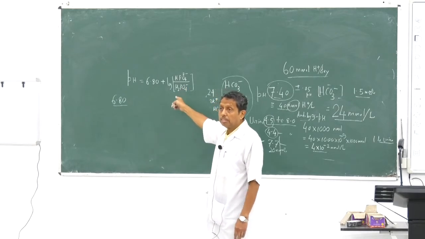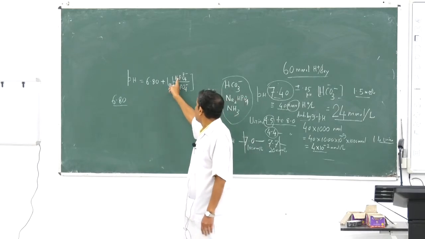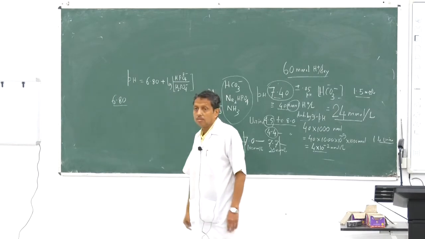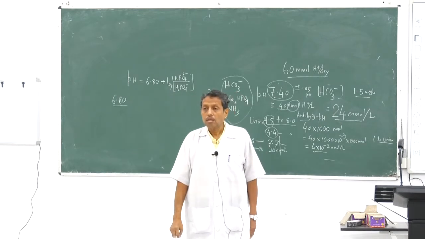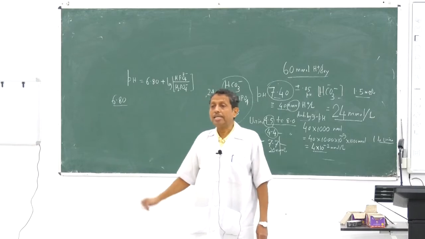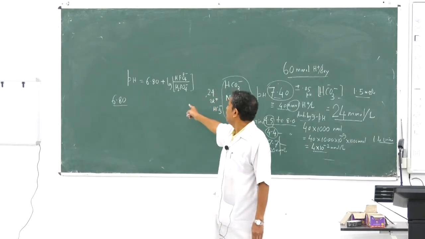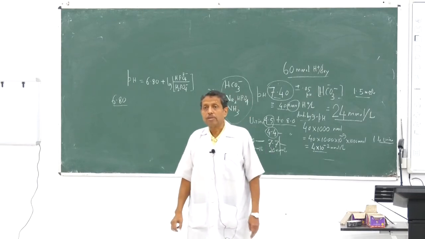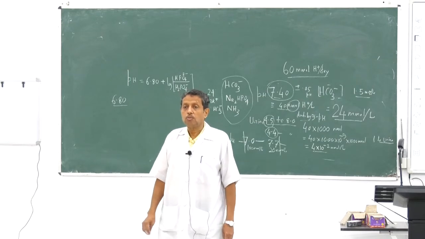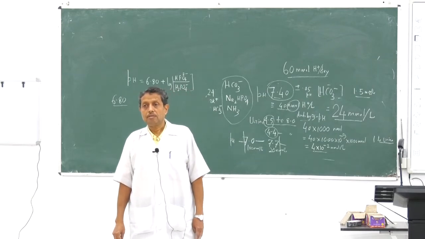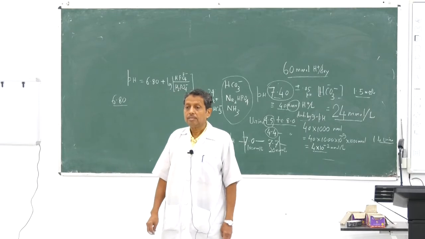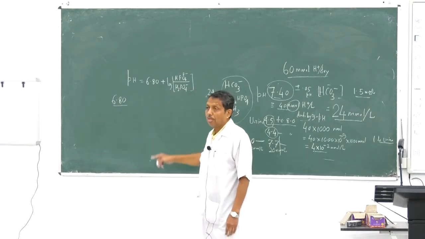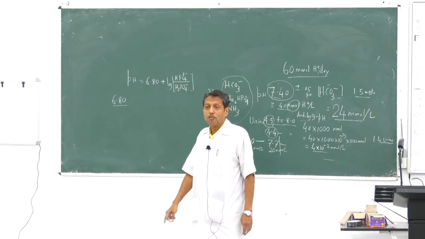So this is this now. If you take this pH as 7.40, you can find out this ratio, almost 4:1 you can get. Otherwise, how can you get 7.4?